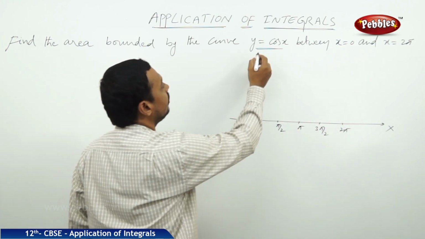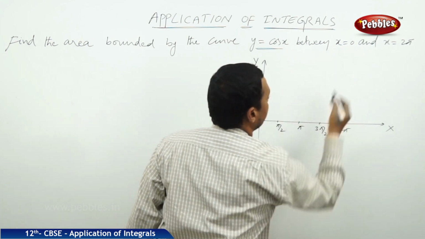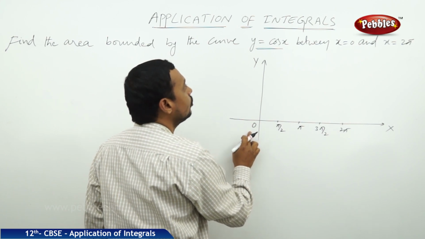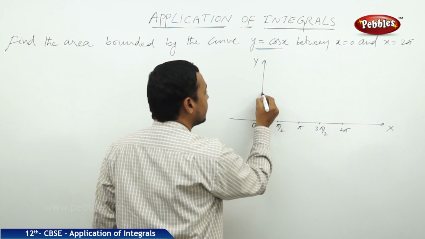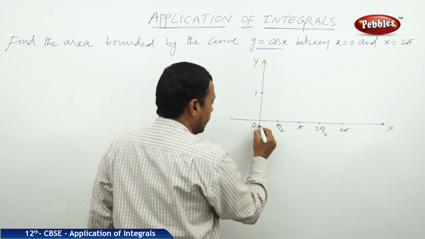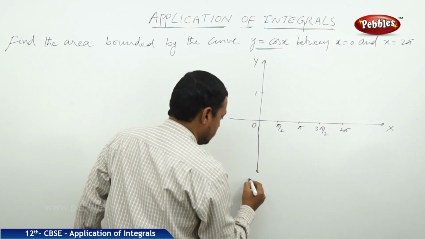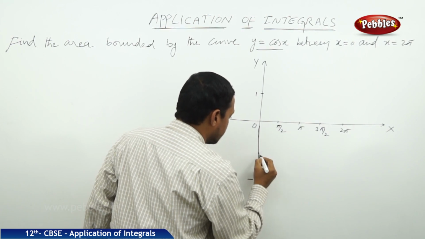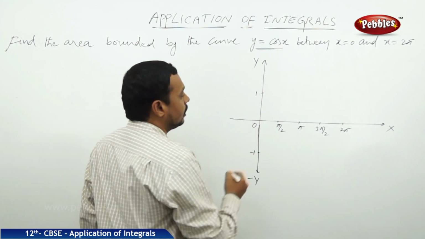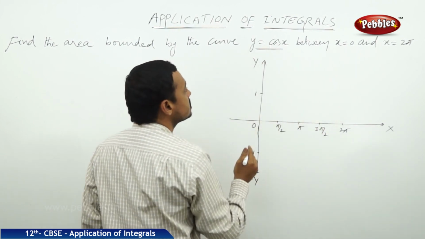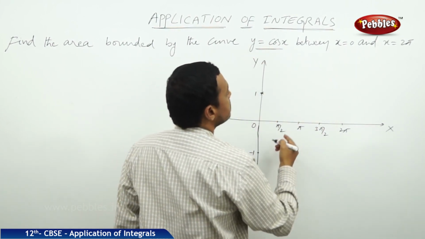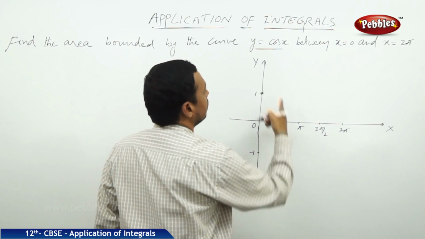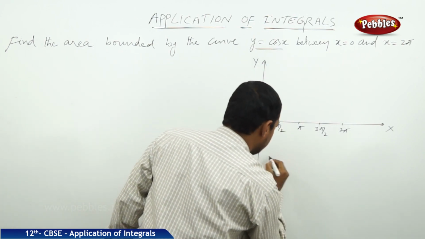Now let us draw the graph of y is equal to cos x between x is equal to 0 and 2 pi. But you know, at x is equal to 0, cos 0 is equal to 1. Suppose let us take this value is equal to 1, and extending the y-axis in the negative direction, let it be some point minus 1. Okay, right now at x is equal to 0, cos 0 is equal to 1, at x is equal to pi by 2, cos pi by 2 is 0, and at x is equal to pi, cos pi is minus 1.